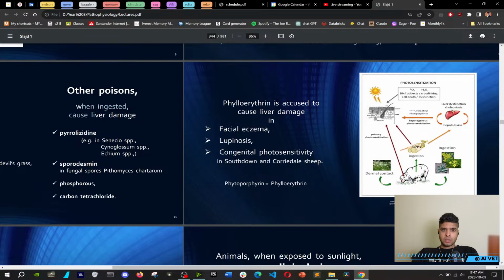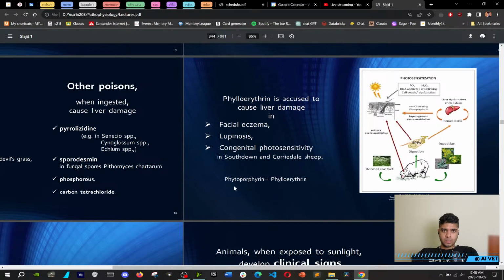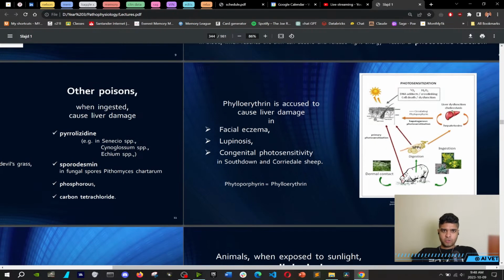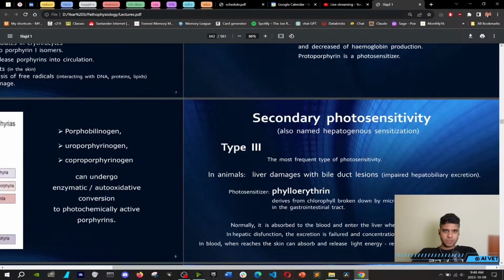Phylloerythrin is associated with liver damage. Phytoporphyrin or phylloerythrin. So it's mostly associated with liver damage. Type 3, the most common one.